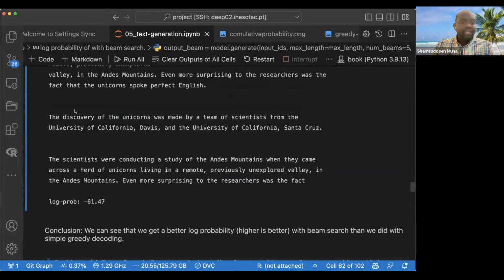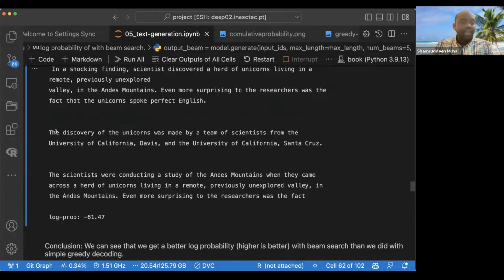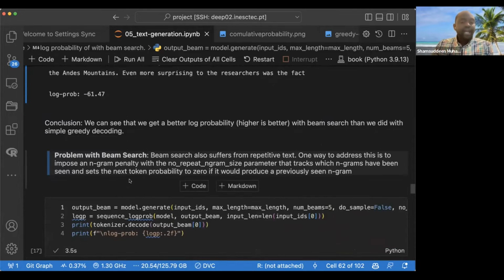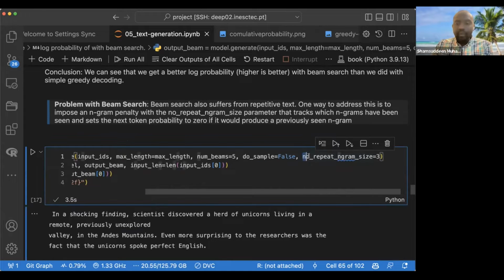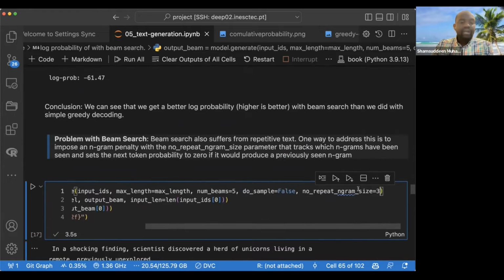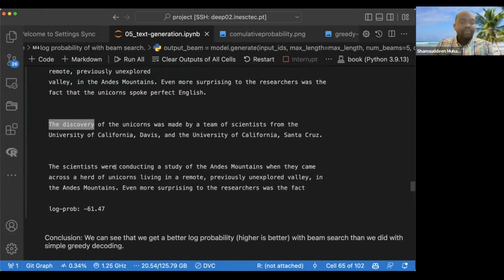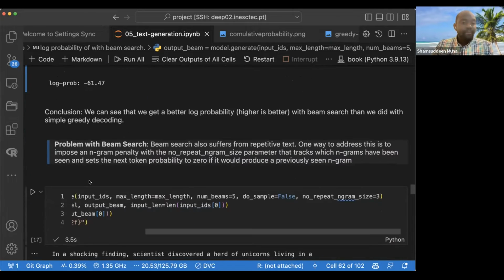If we have a text we try to predict, and we make sure that we have already seen this n-gram, then we will not generate this text. Here is how you provide that: you set no repeat n-gram size to 3. This means that it will not repeat any 3-gram that has already been seen and generated.